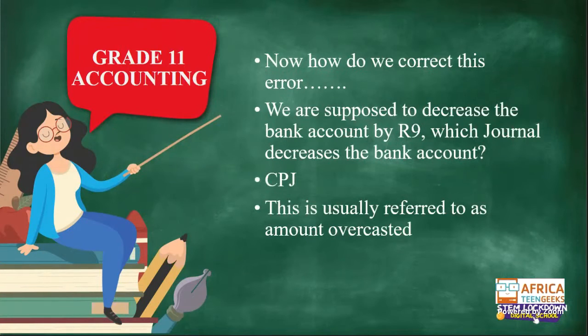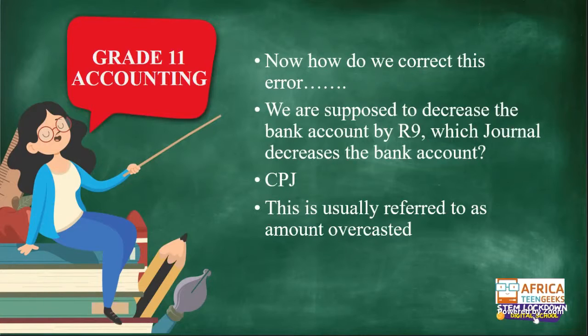This is usually referred to as an amount being overcasted. So we've deposited 54 rand instead of 45 rand. So the amount is overcasted. That means we've added an extra 9 rand by mistake. So to correct it, we'll record it on the CPJ, right? If the amount is undercasted, that means we've deposited less than what we were supposed to deposit, or we've withdrawn less than what we were supposed to withdraw, right?